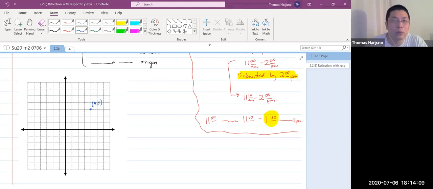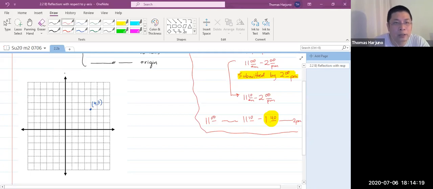Yeah. Now let's say we have this point coordinates here. Suppose we reflect this coordinate with respect to the y-axis. This is the y-axis. If I reflect this coordinate with respect to the y-axis, then the resulting coordinate will have the same y. Can you imagine if you reflect with respect to the y-axis, then the height will be the same, right?